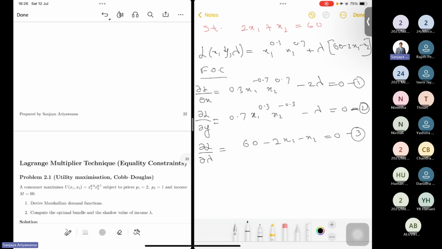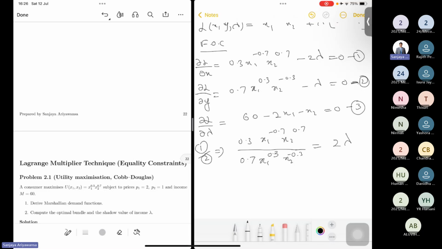From those three first order conditions, if I take 1 and 2 and divide 1 by 2, what do I get? 0.3 x1 to the power minus 0.7 x2 to the power 0.7, divided by 0.7 x1 to the power 0.3 x2 to the power minus 0.3, equals 2 lambda divided by lambda.